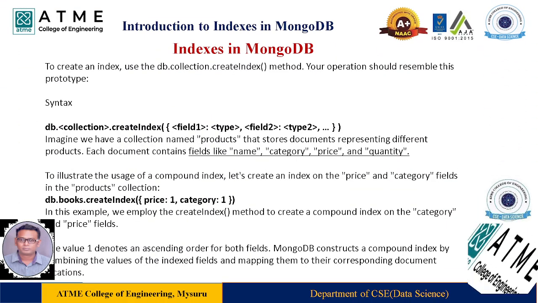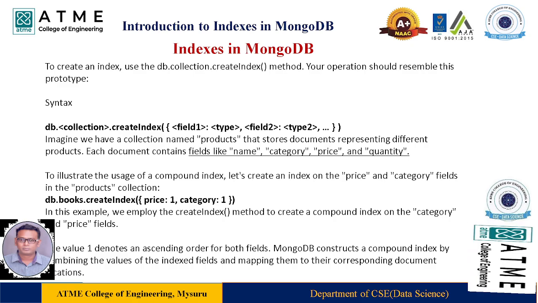So the syntax for creating a compound index is as follows: db.collection, that is the collection name, followed by .createIndex. Then you have to provide the field name colon type 1, that is 1 or -1, followed by another field name followed by type, that is -1 or 1, and so on. You have to include multiple fields here.